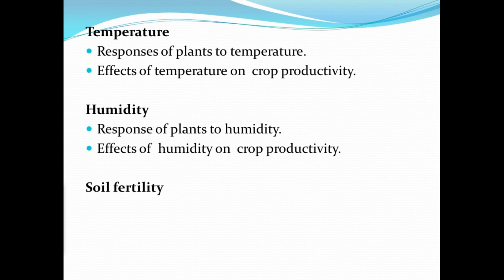Now let's see how plants respond to soil fertility. Soil fertility is one of the most important factors that have a direct impact on crop yield and quality. When a soil is infertile, it means that the soil lacks the ability to sustain agricultural plant growth through the supply of essential plant nutrients in adequate amounts or proportions.